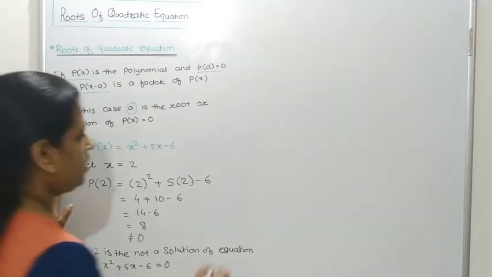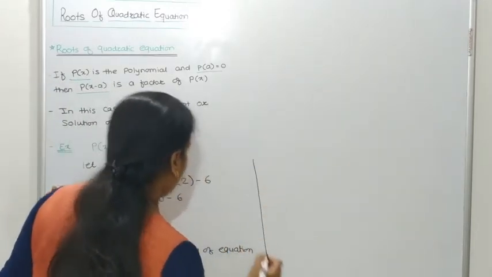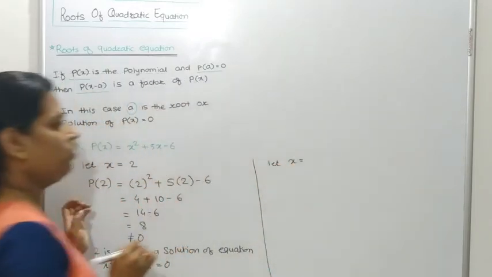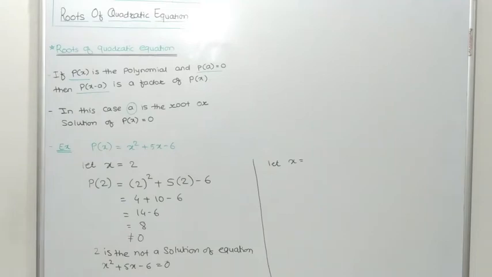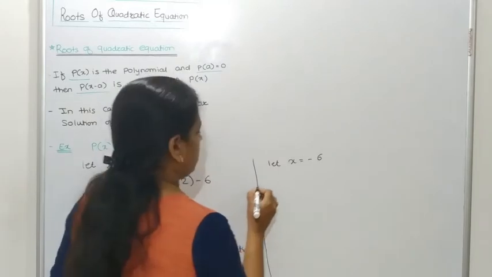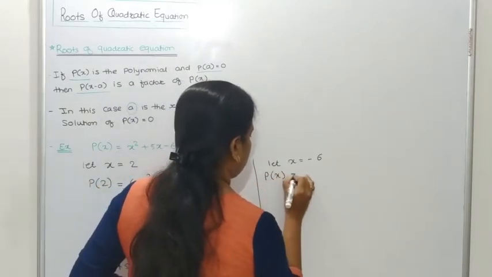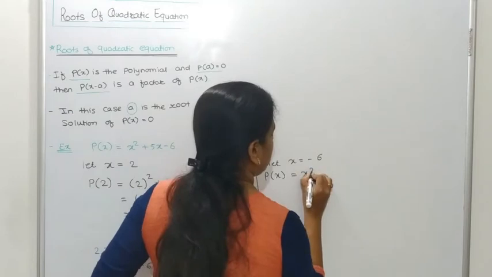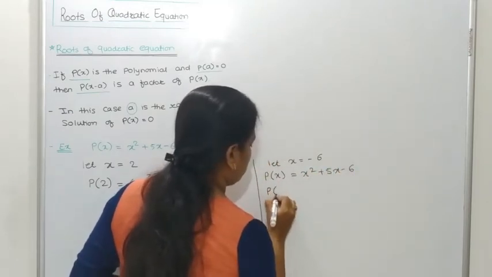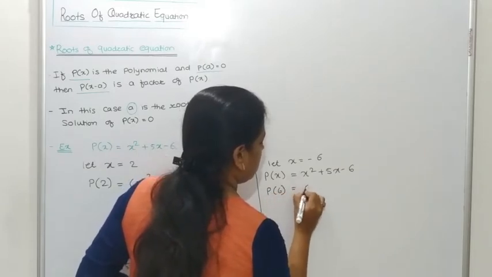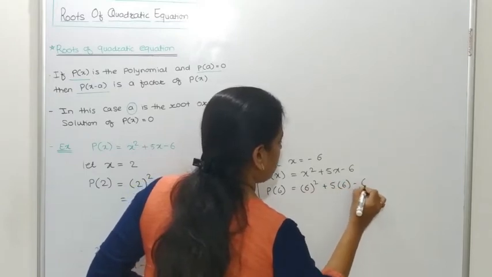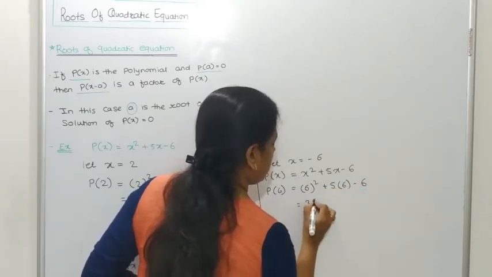Now next, similarly, let x is equal to minus 6. Then p of x is equal to x square plus 5x minus 6. Instead of x, we put minus 6: p of minus 6 is equal to minus 6 square plus 5 into minus 6 minus 6. What is minus 6 square? That is 36.